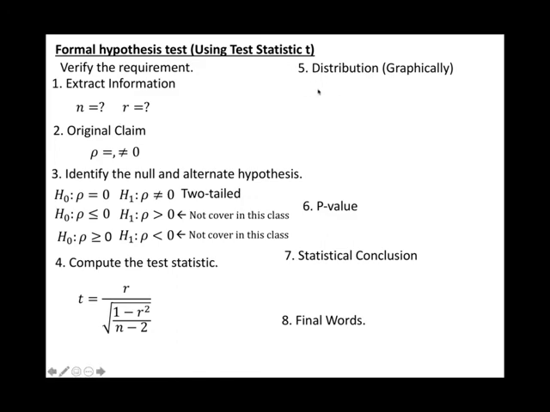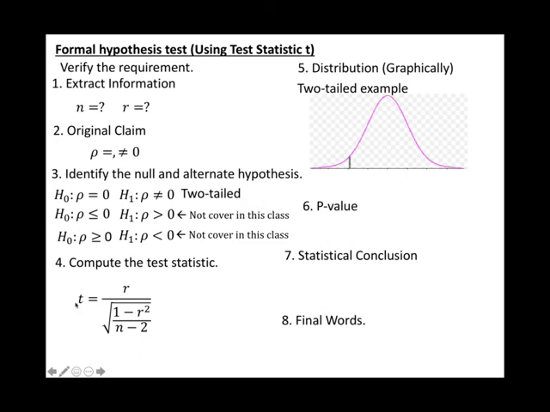Okay, distribution. So we always have a two-tail example for this class. And the T distribution looks like the normal distribution with two tails. After we find the test statistic from step 4, we're going to write it down here.